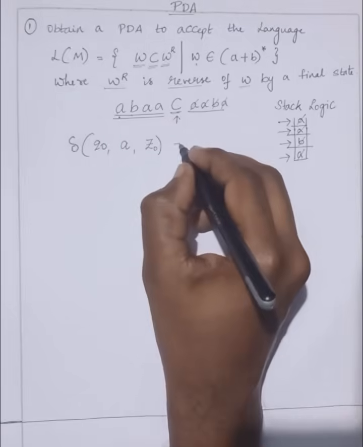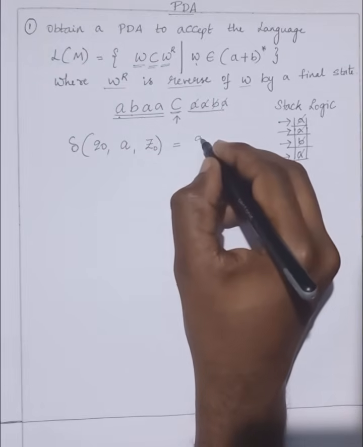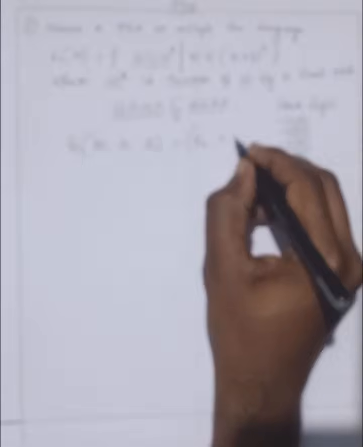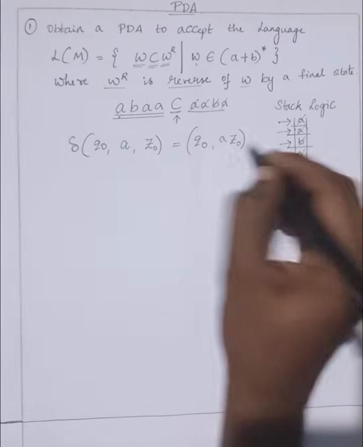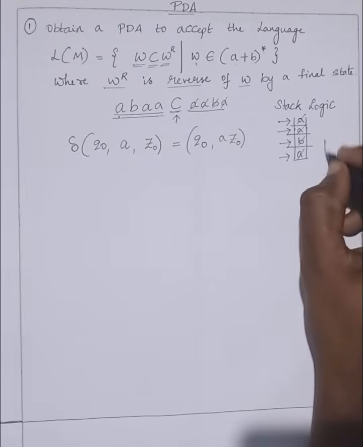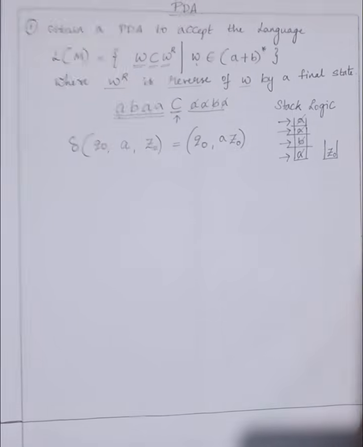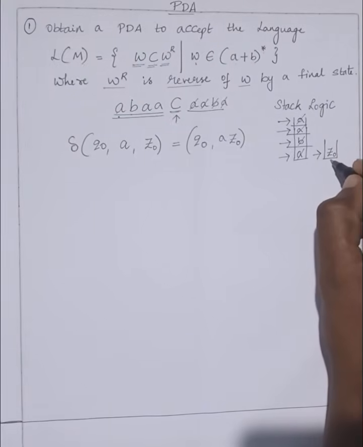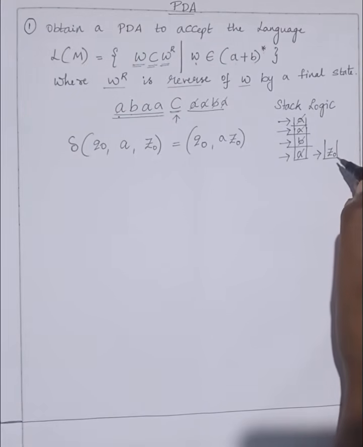In the same way, the output will have the output state and the top of the stack. To make sure our stack is empty, we always start by pushing a Z naught on the stack, so that whenever it is pointing to Z naught, we know the stack is empty.